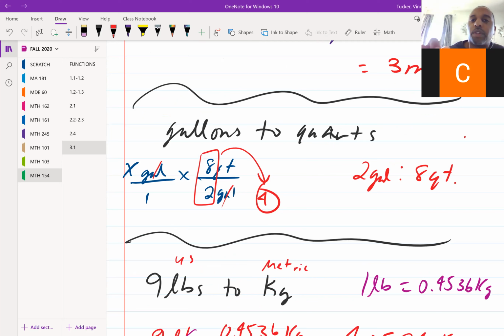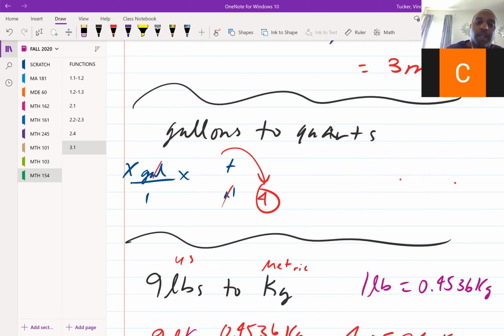Okay, so we want to go from gallons to quarts. They did different numbers in my last class, so it doesn't matter what your gallons are. They ask what we want to multiply by. They said we have 4 gallons to 16 quarts, and you want to go from gallons to quarts.